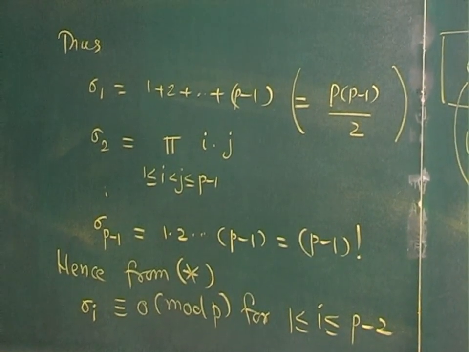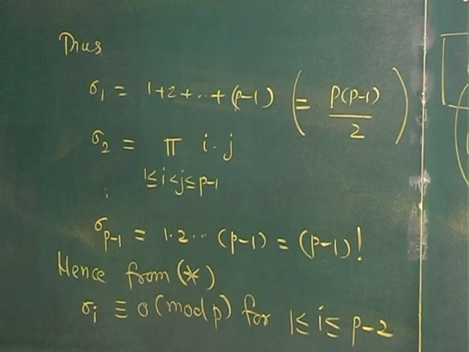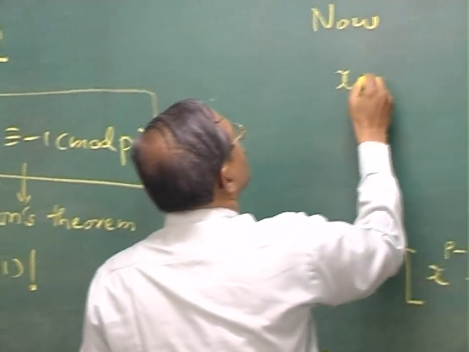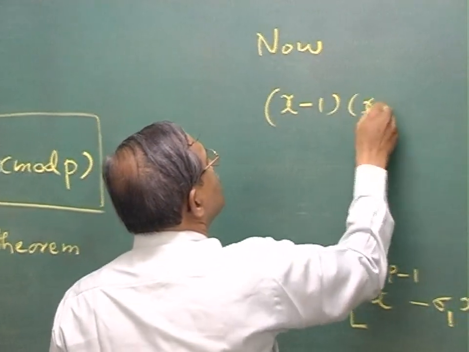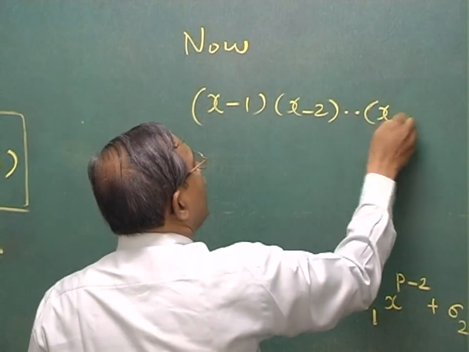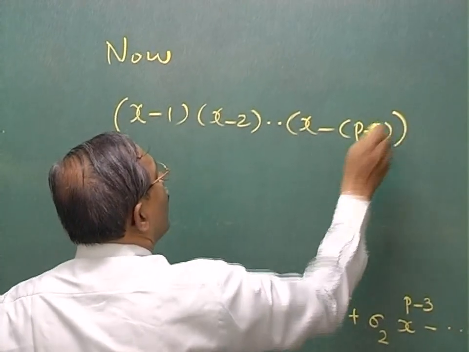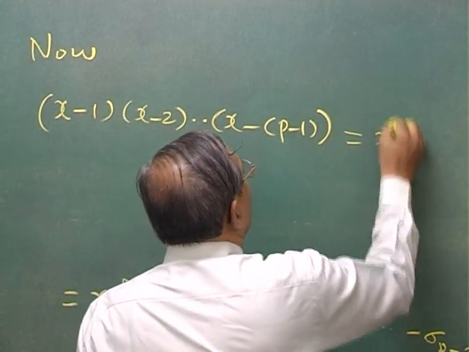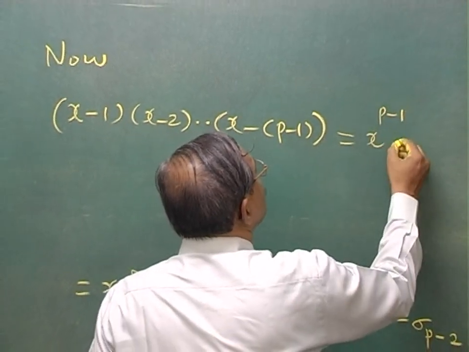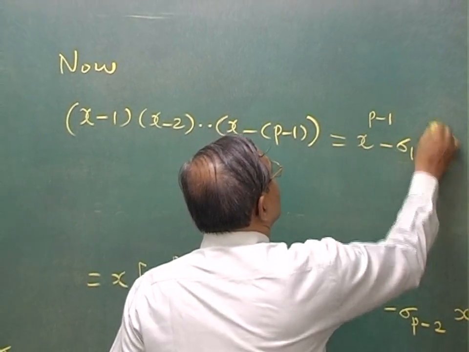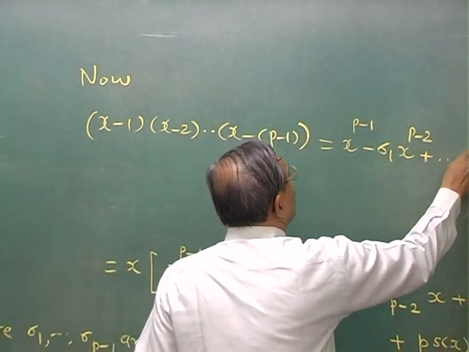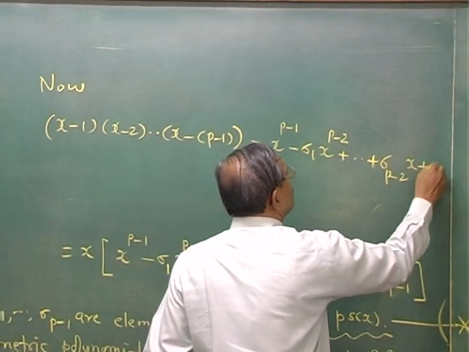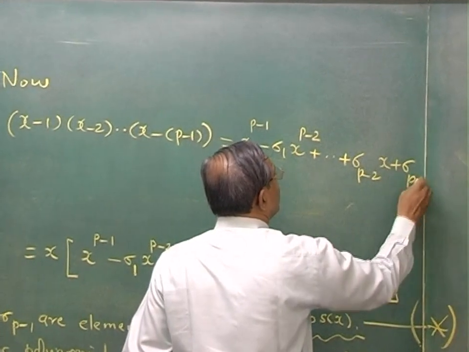Now, x minus 1 into x minus 2, etc., x minus of p minus 1, this is x raised to p minus 1 minus sigma 1 x raised to p minus 2 plus etc. plus sigma p minus 2 x plus sigma p minus 1.